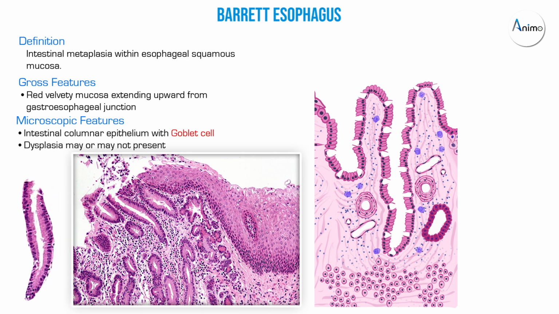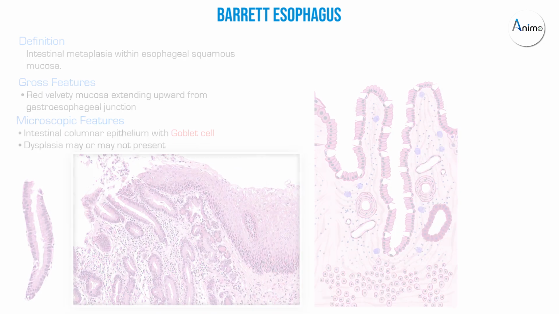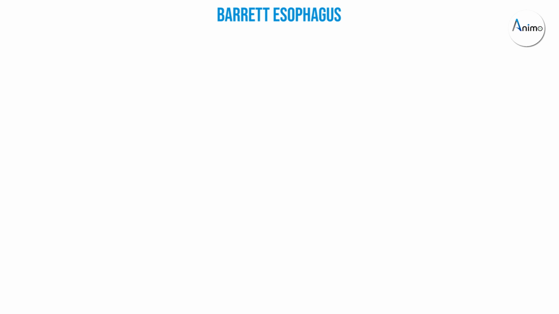This thinning of epithelium with tall columnar cells is the intestinal columnar epithelium, and this is called intestinal metaplasia. The remaining cells down in the mucosa are normal, and there may or may not be dysplasia found here. So this was all about the Barrett esophagus morphology you need to know.